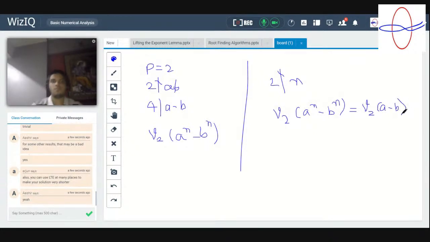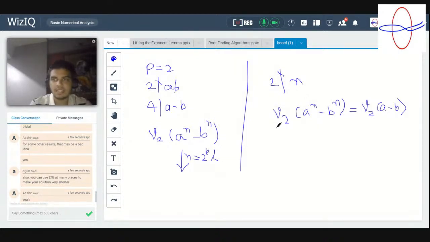Right. So given this, for the general theorem that we need to prove, I'll just write n as equal to 2 raised to k times l, right?